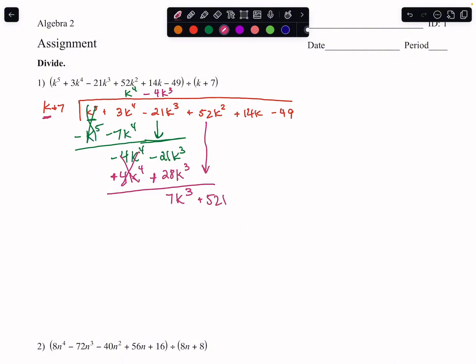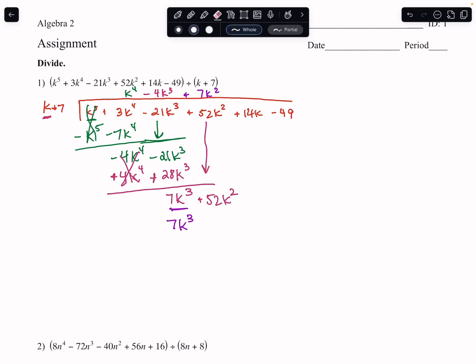Then I'm looking here now, 7k cubed divided by k. That's going to be 7k squared. 7k squared times k is 7k cubed. 7k squared times 7 is going to be 49k squared.